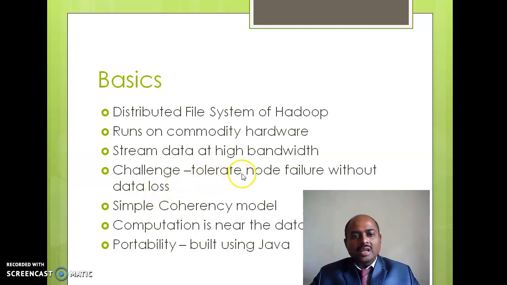Here we are using fault tolerance that helps avoid the loss of data. That means we can store the data across the network. If one particular machine or component fails, we can easily access and retrieve all the data. It also has a simple concurrency model.